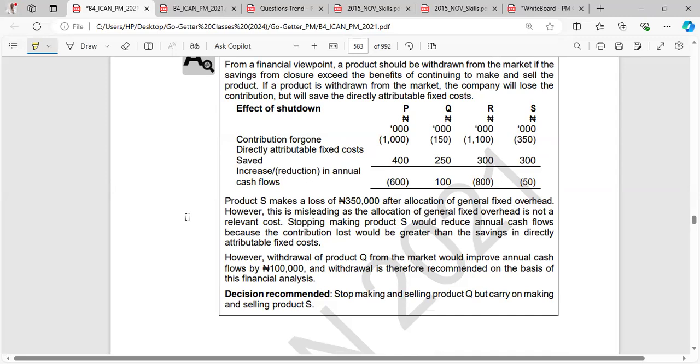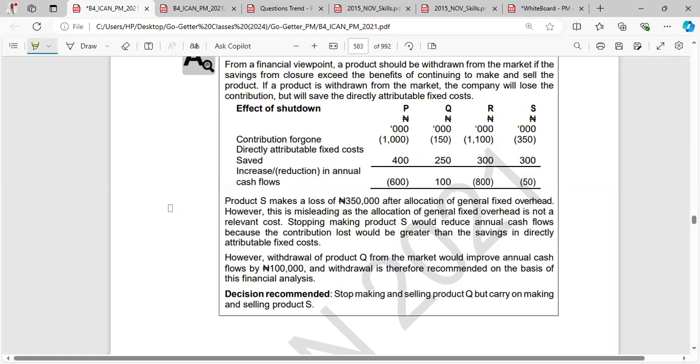Now we said that this general fixed overhead will always be incurred, and so that is not relevant. But those specific fixed costs that will go away when that product is shut down are relevant. So we see here that if we remove Q from the product line, our cash flow will increase.